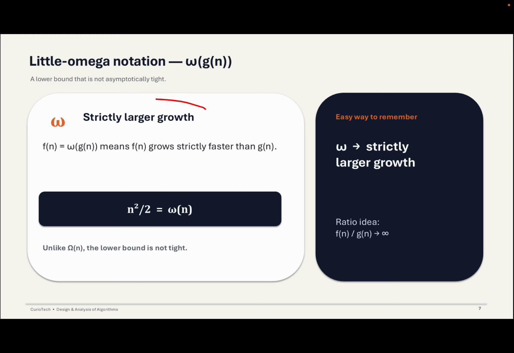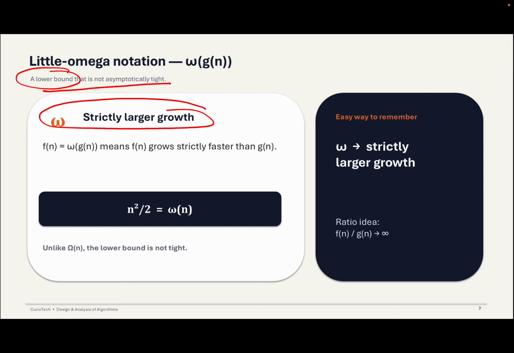Next is little omega. Little omega notation is also a not asymptotically tight notation. It gives you a lower bound that is not asymptotically tight, and the little o would give us the upper bound that is not asymptotically tight.